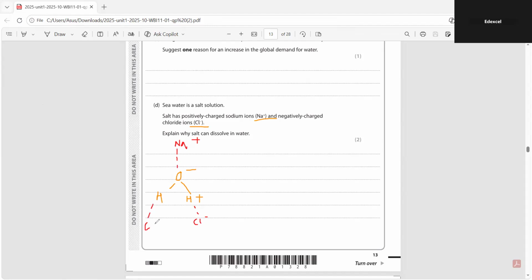Okay, so you are asked to explain why salt can dissolve in water. So you can easily write the answer as: water is a polar molecule and it has uneven charge distribution, where the sodium ions will be attracted to the oxygen atom and the chloride ions will be attracted to the hydrogen atom. So write it as water is a polar molecule. That's the first point. Then it has uneven charge distribution. You can also write that the oxygen is slightly negative and the hydrogen is slightly positive.